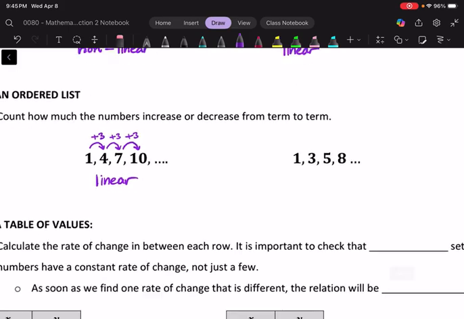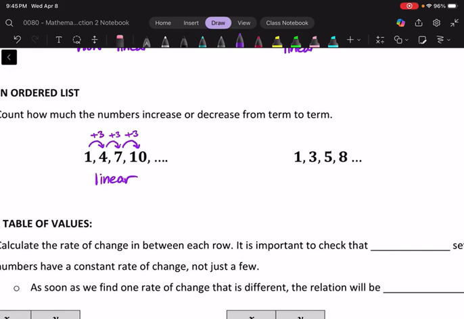So if it's linear, we must be adding the same thing to get from term to term. And to get from 1 to 3, we have to add 2. So, as long as it's the same throughout, we should be A-okay. To go from 3 to 5, we are adding 2. Wow, I guess this thing's just straight up linear.